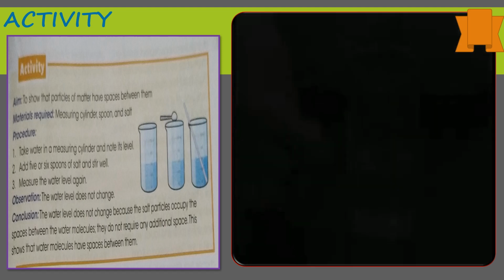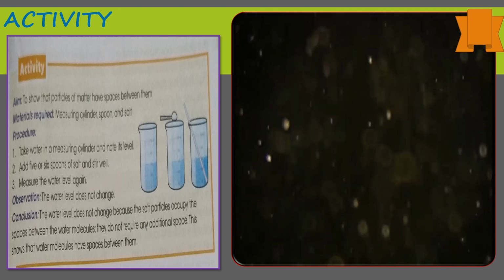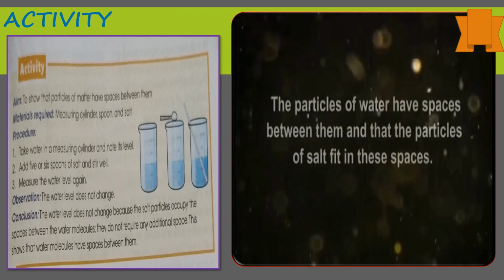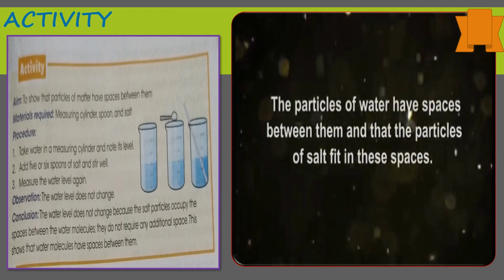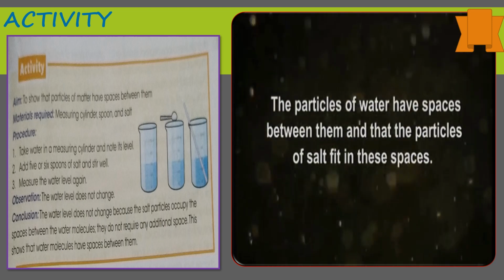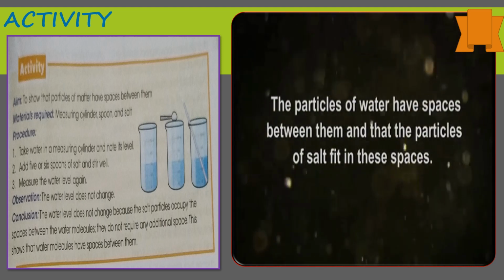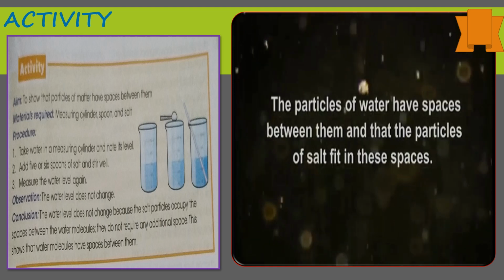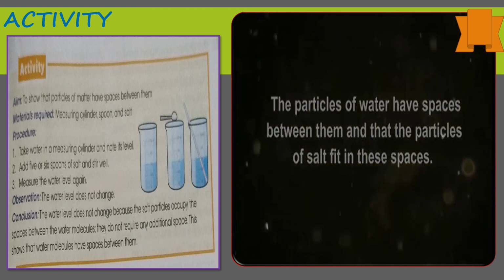They do not require any additional space. This shows that water molecules have spaces between them. Therefore, by performing this activity, we can clearly see that matter has spaces between its particles.